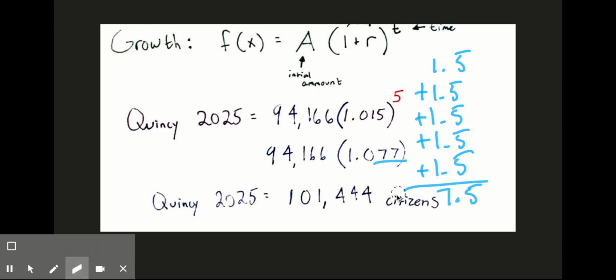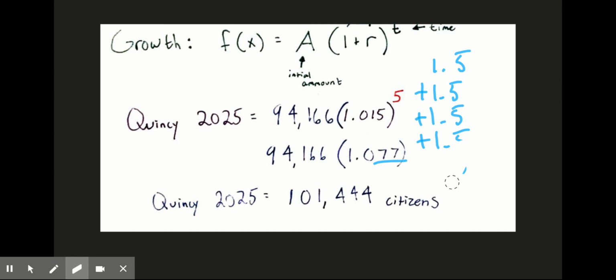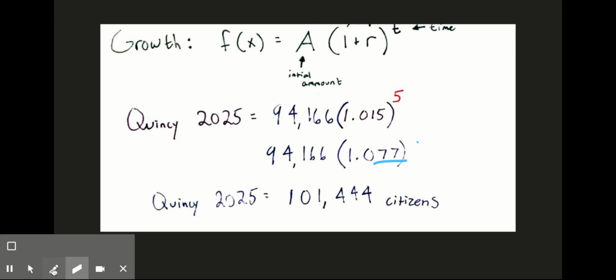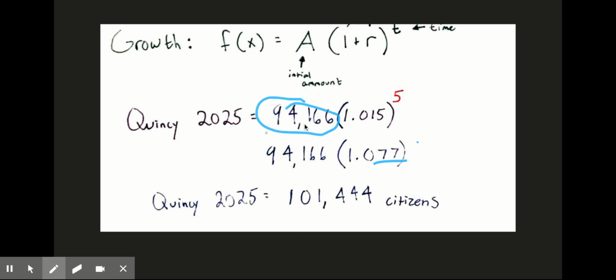That's why exponential growth is cool. No, it is bigger than that because every time you're adding to the population, there's now more people living in the city, which means 1.5% is now being taken out of a larger number. Right now, it's 1.5% of 94,000 people, but next year there's more people. So 1.5% of a larger population. So it's bigger every time, which means by the time we're done, it's not 7.5, it's actually closer to an increase of 7.7, which may not seem like a lot, but it is, right?